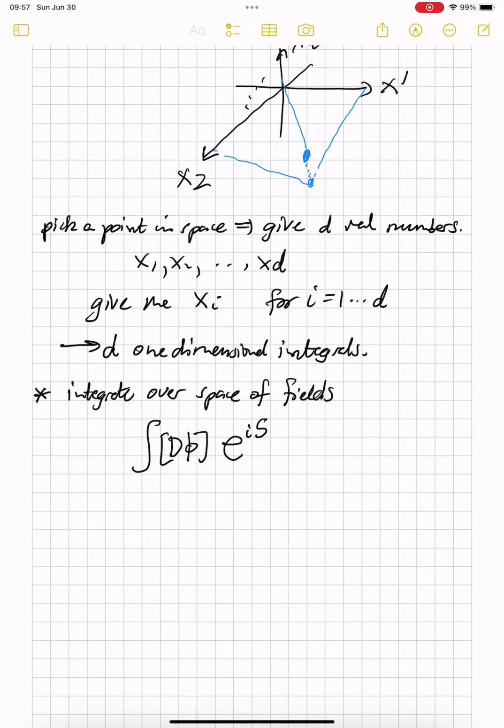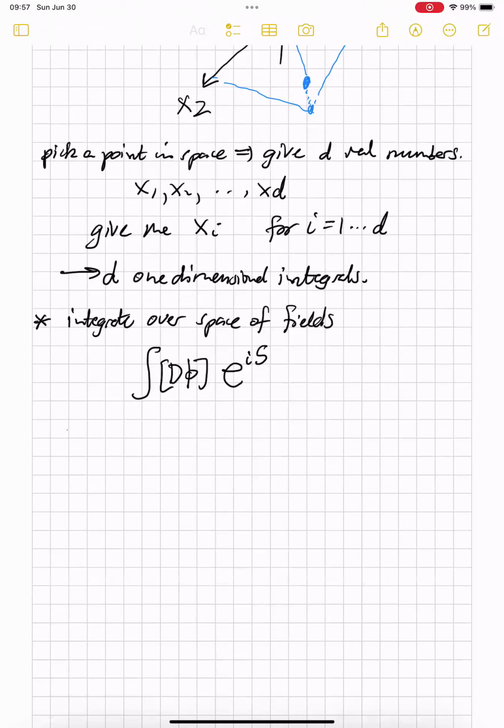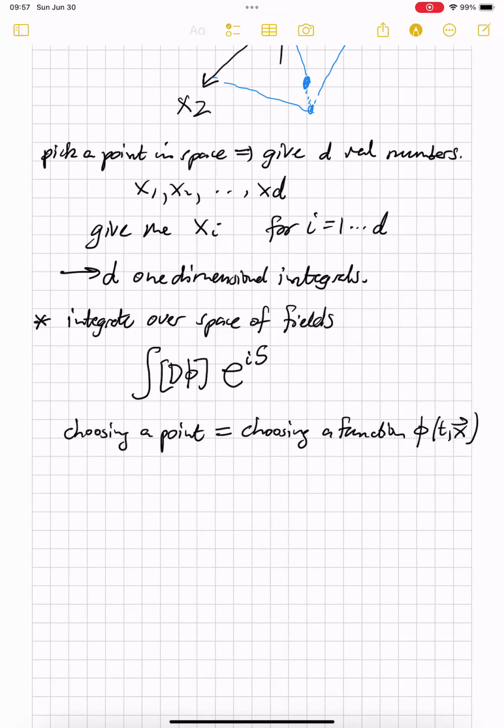And now let's talk about what choosing a point means. Choosing a point is choosing a field. But choosing a field is choosing a function phi of t and x.